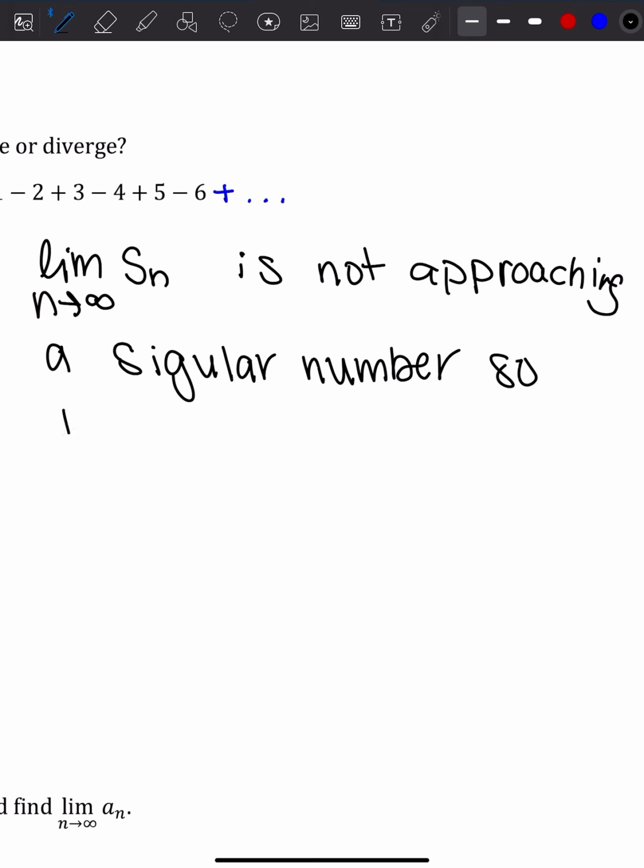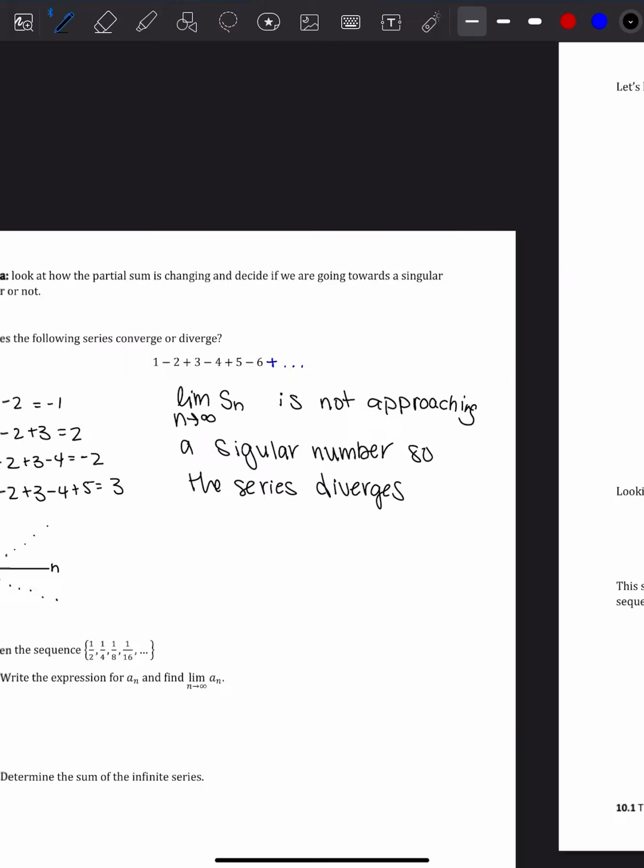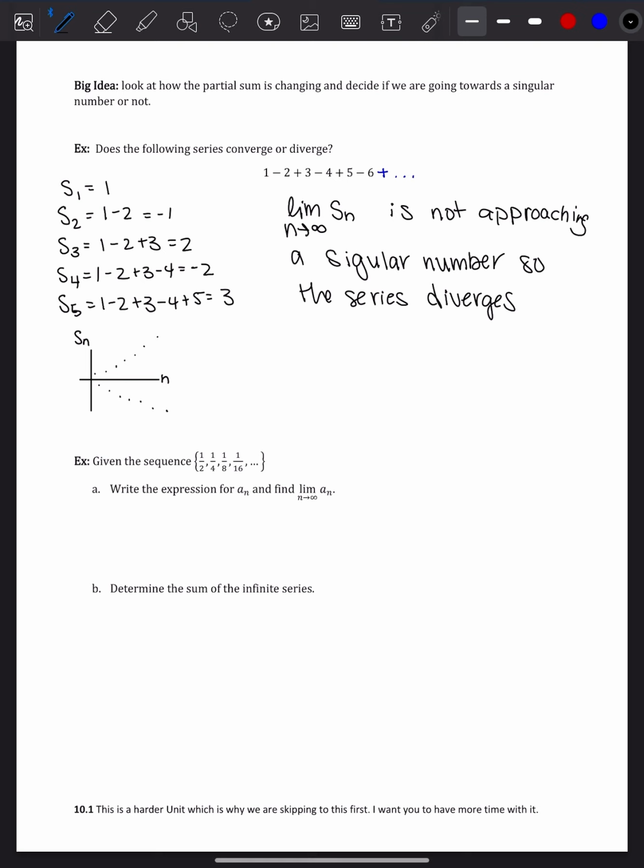So the series diverges. Because we don't approach a very specific number like we did with 1, and it's going back and forth, getting bigger infinitely, we're going to diverge.